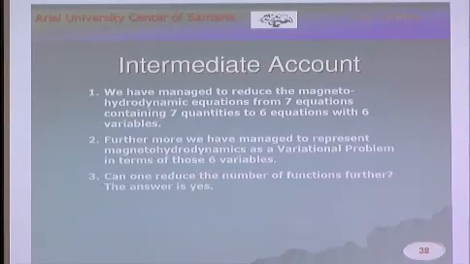Okay, what do we have? We have managed to reduce the magnetohydrodynamic equations from 7 equations containing 7 quantities to 6 equations with 6 variables. Furthermore, we have managed to represent magnetohydrodynamics as a variational problem in terms of those 6 variables. The question now is, can we reduce the number of functions even further? And the answer is yes.